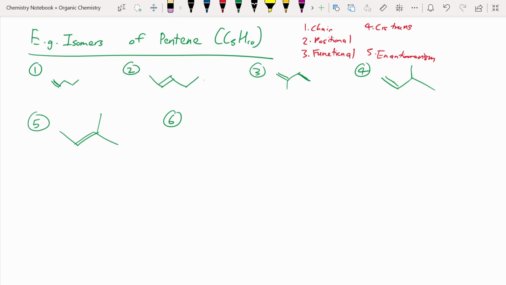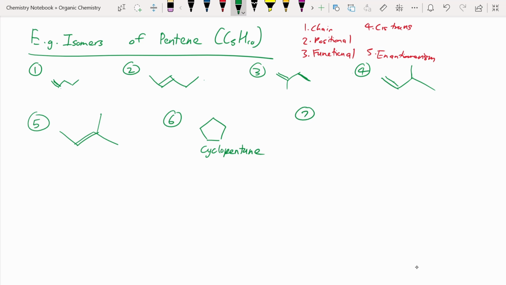What we can do next is to think about functional group isomerism. So functional group isomerism we can have is cyclopentane. Cyclopentane has 5 carbons. Cyclopentene, my bad, cyclopentane.